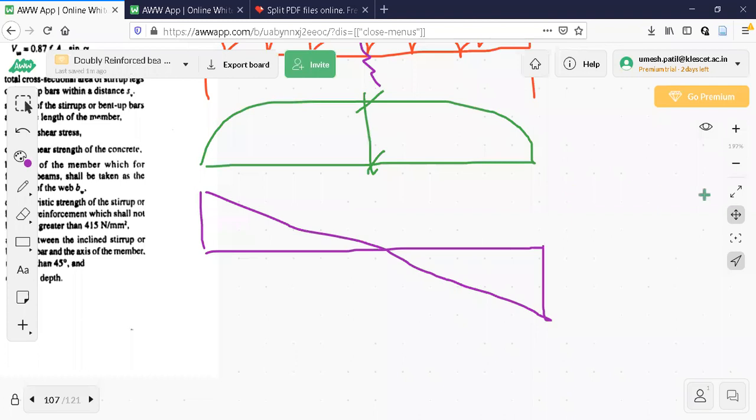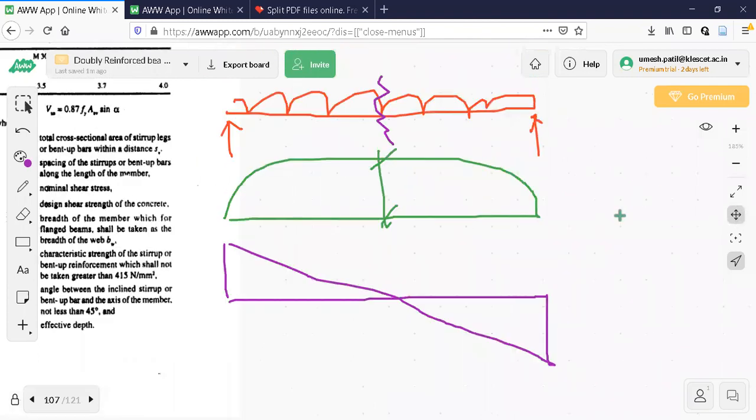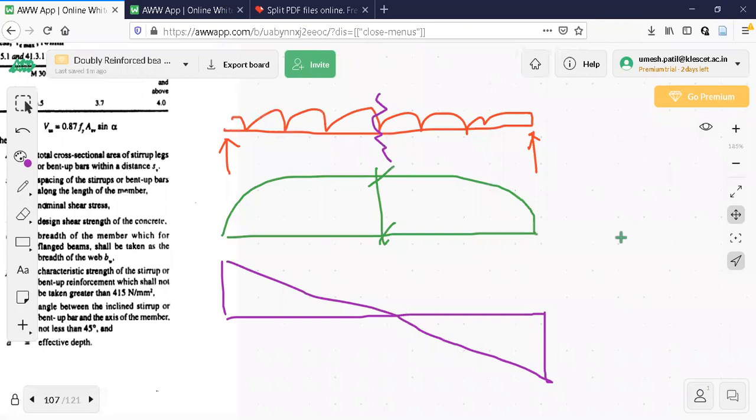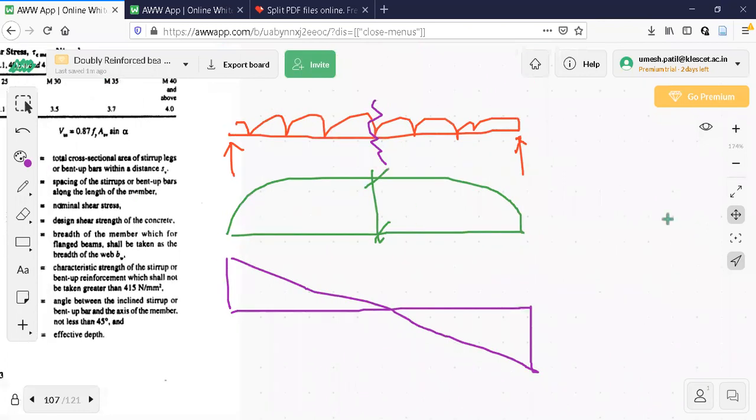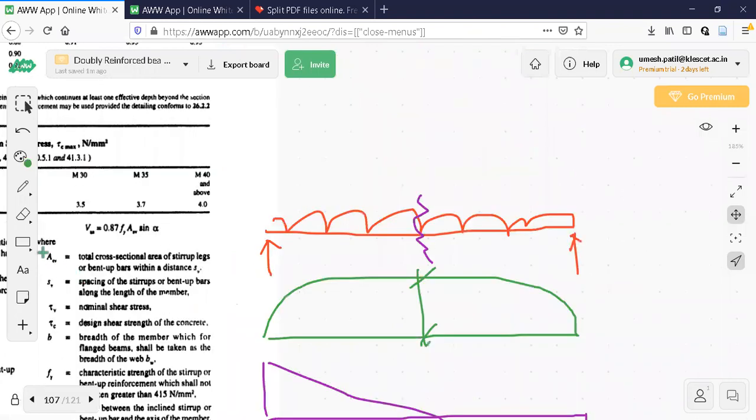The beam is going to fail due to shear if it is not allowed to fail due to bending, and if it is allowed to fail by shearing. Just observe where it is going to fail and why. Somewhere here, near the support, the beam fails due to shearing action, somewhere here or maybe here.